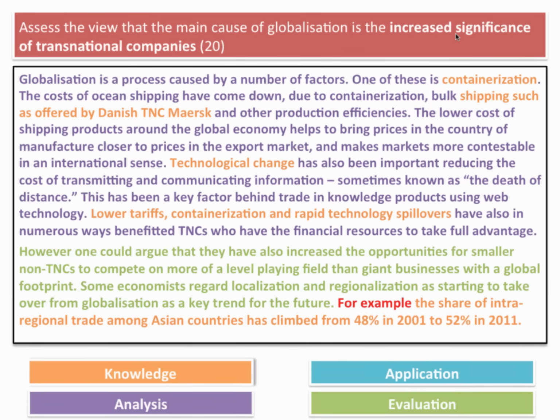So, yes, these processes have helped transnational corporations, but equally, they've given big opportunities for smaller businesses to make an impact and actually to grow quite rapidly. Be it Uber in cities around the world challenging the dominance of established taxi firms, or just localized businesses actually starting to take over from globalization.